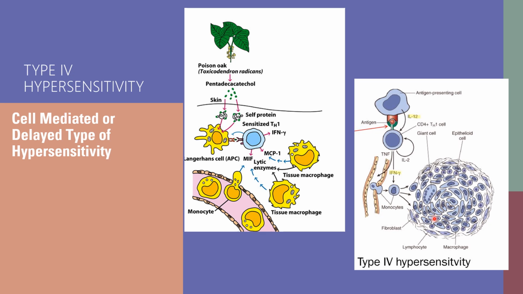So remember, your tuberculosis is a type of type 4 hypersensitivity, the presence of Mycobacterium tuberculosis can trigger a type 4 delayed hypersensitivity reaction. And when there is a granuloma formation in pulmonary, we term that as Ghon focus.